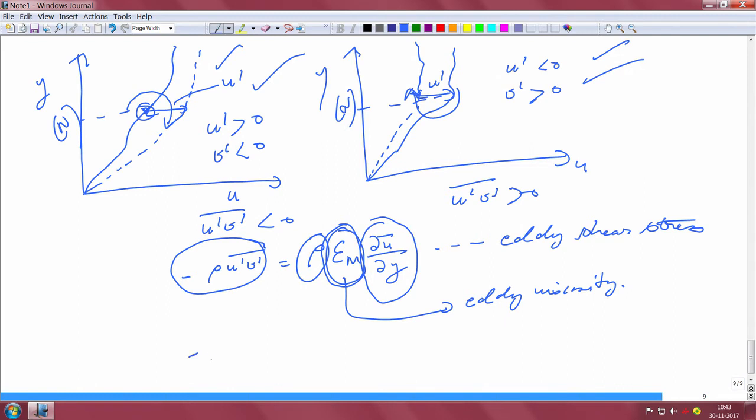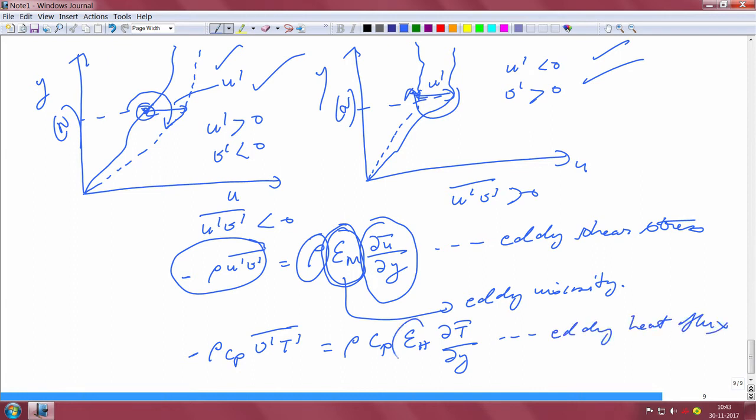Similarly, rho Cp v prime t prime bar can be written as rho Cp epsilon h dT by dy. This is called the eddy heat flux. Once again, this particular term looks like what we call the eddy thermal diffusivity.